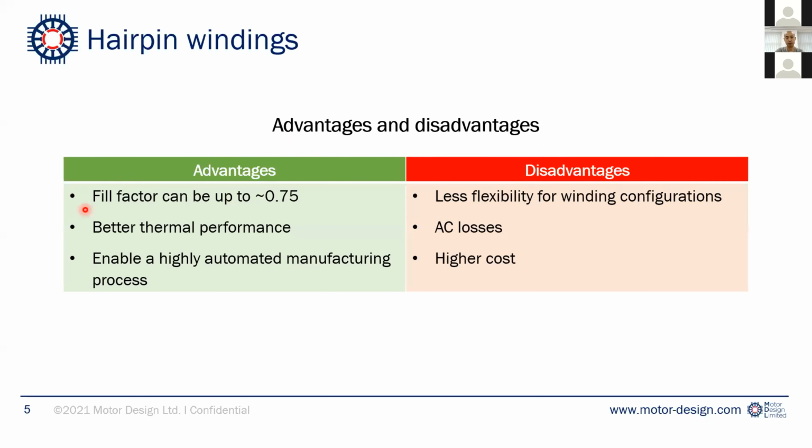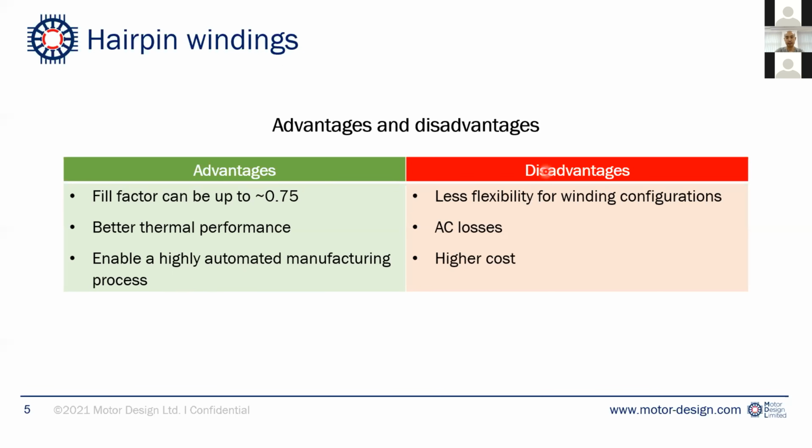Fill factor can be up to 0.75 or even higher, to 0.8. It can achieve better thermal performance because the contact between the windings becomes very good, very close to each other. And it enables a highly automated manufacturing process.